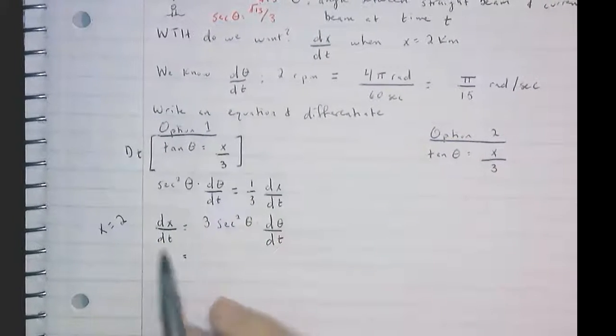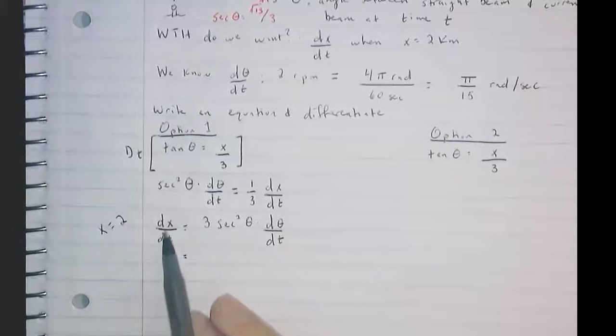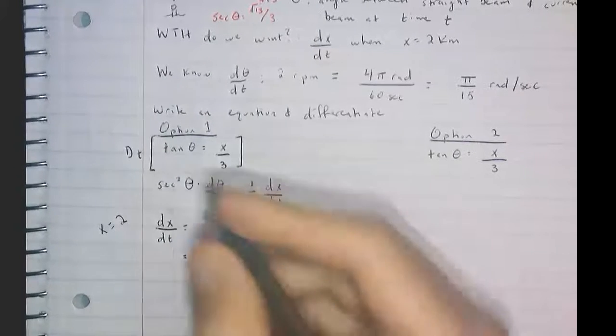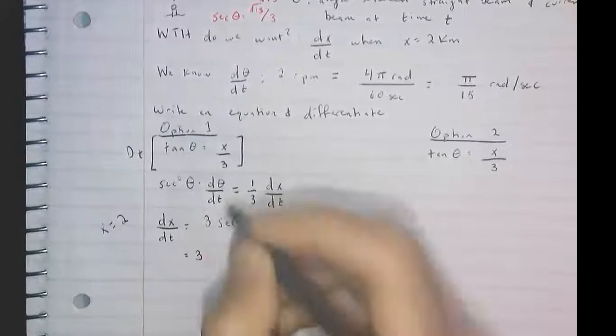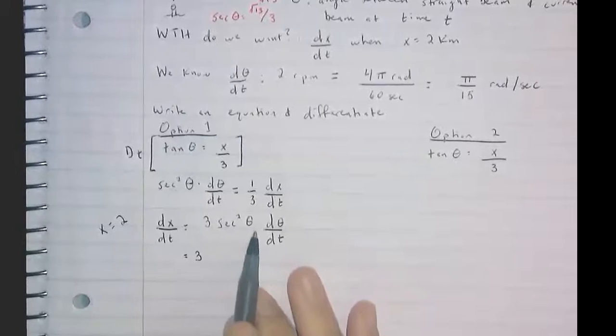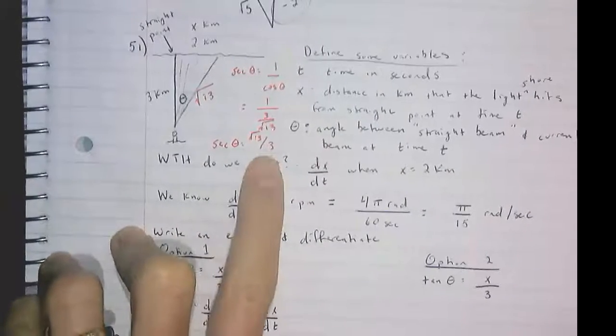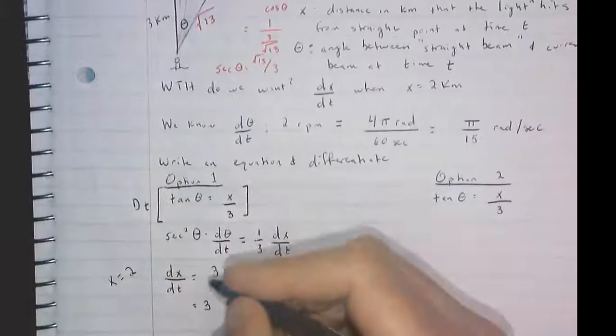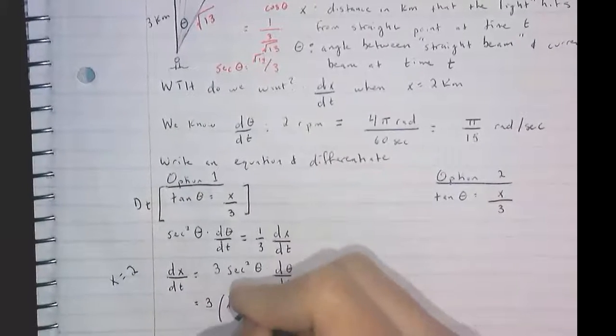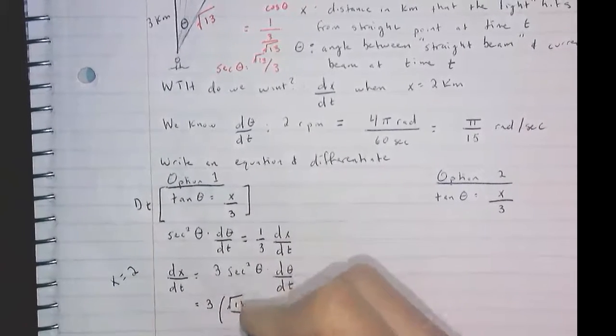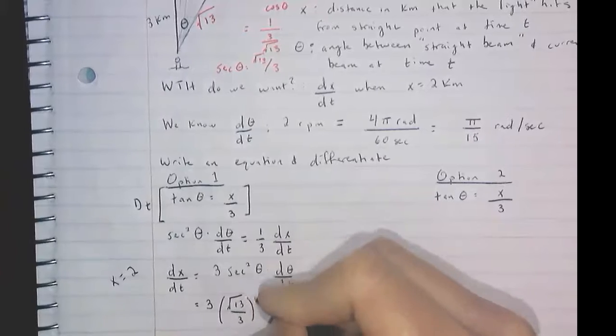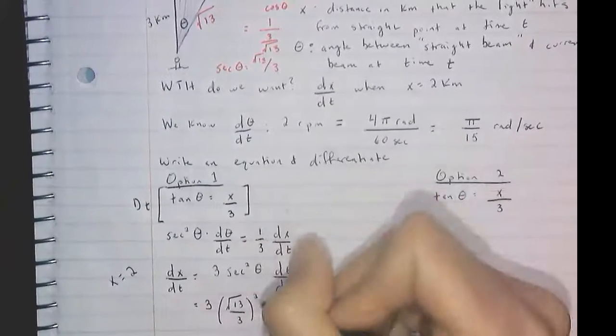So the speed at which the beam is changing when x equals 2 is going to be 3 times the secant of theta squared at that moment. Well, the secant of theta at that moment is the square root of 13 divided by 3, and that's squared.